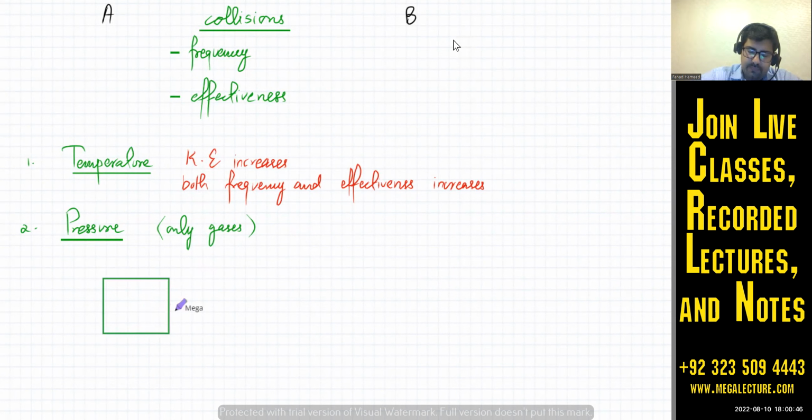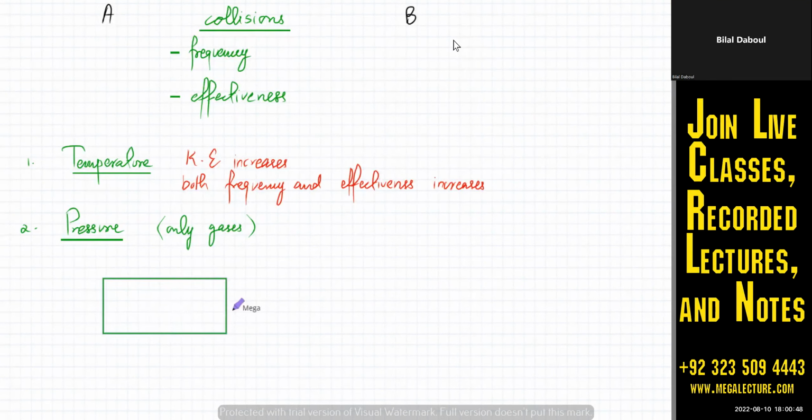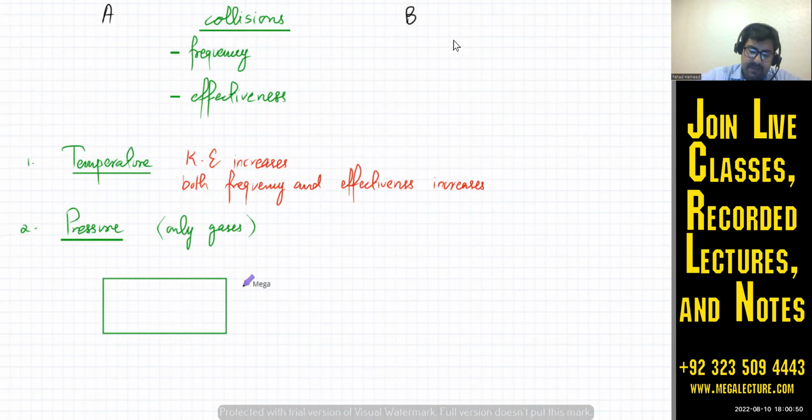More frequent. Okay, so you're gonna get more frequent collisions. The effectiveness will remain exactly the same because the particles are not getting energetic.